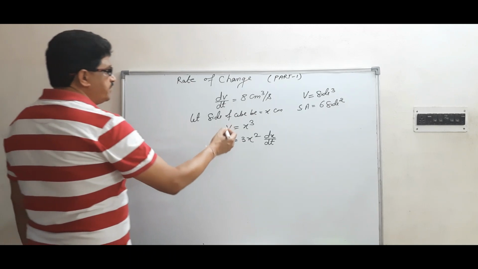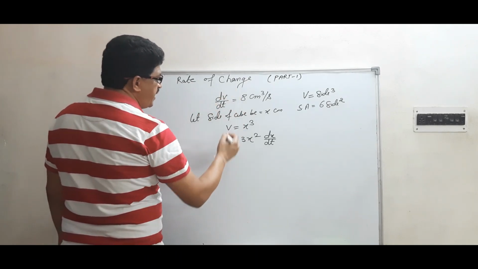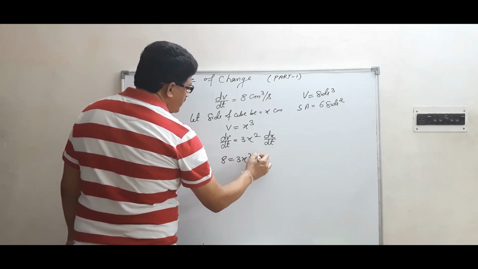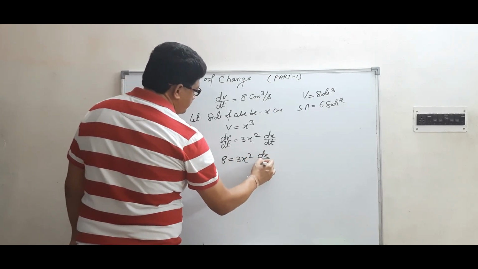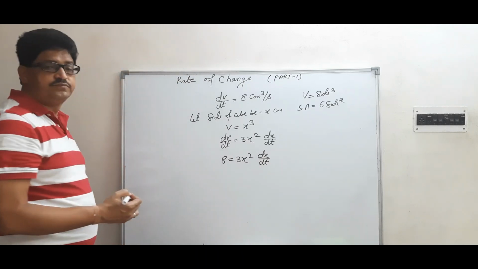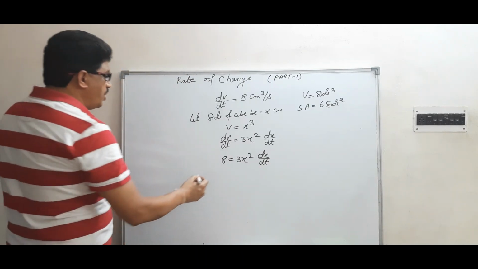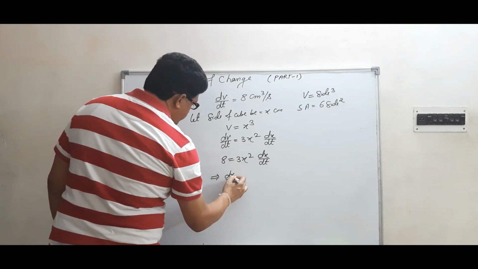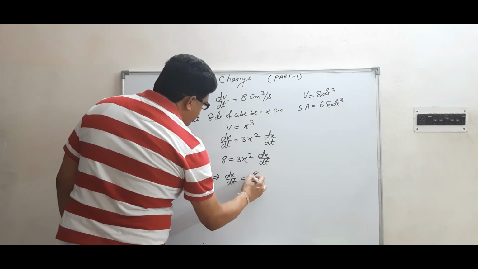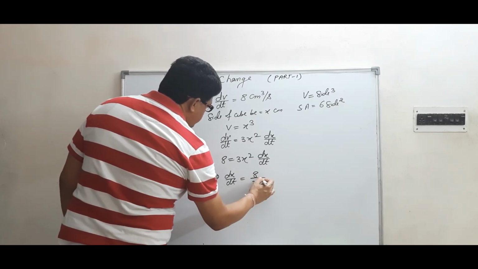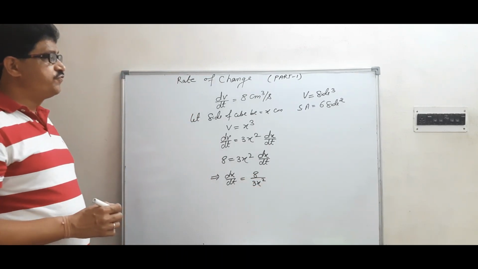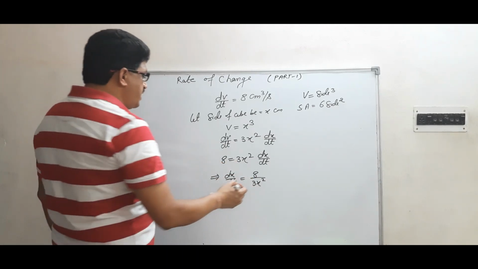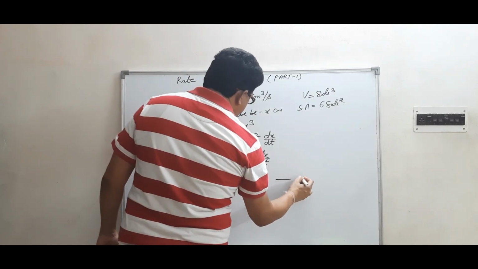So here dV upon dt is given 8. 8 is 3x square dx by dt, or dx by dt is 8 upon 3x square. So from this we can find value of dx by dt, that is 8 upon 3x square.